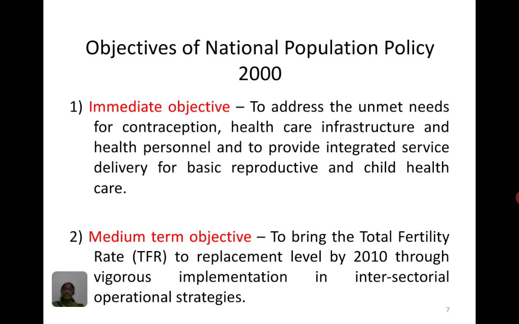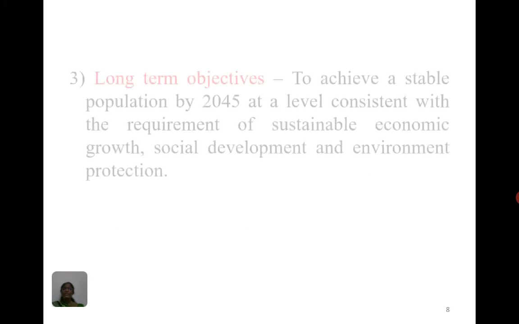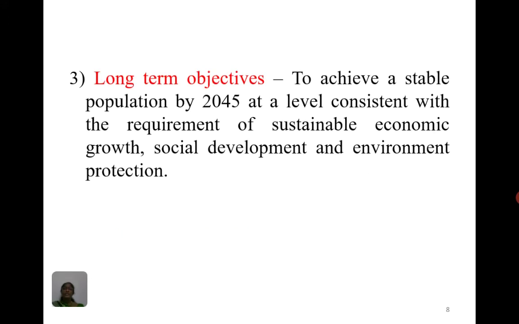Now let's see medium term objectives. To bring the TFR, that is total fertility rate, to replacement level by 2010 through vigorous implementation of intersectoral operational strategies. Long term objectives were to achieve a stable population by 2045 at a level consistent with the requirement of sustainable economic growth, social development, and environmental protection.